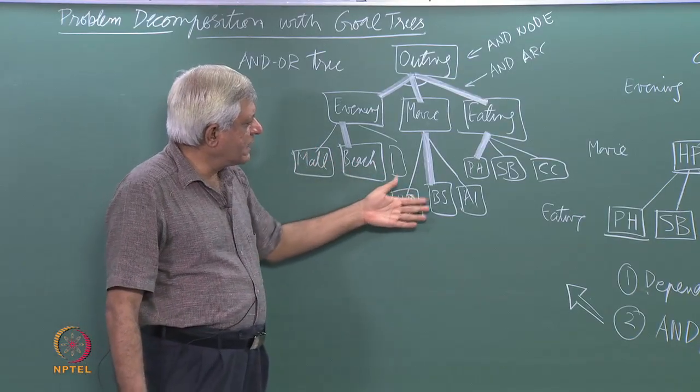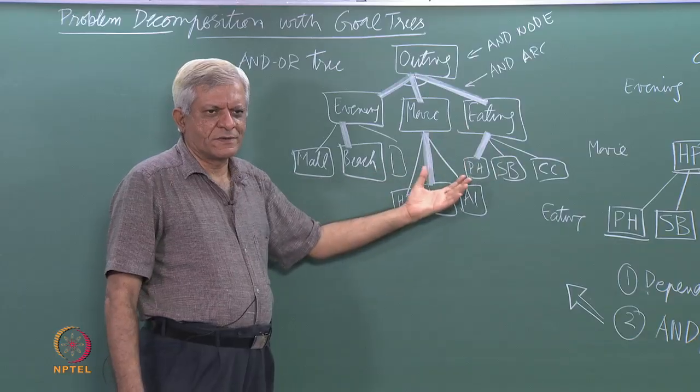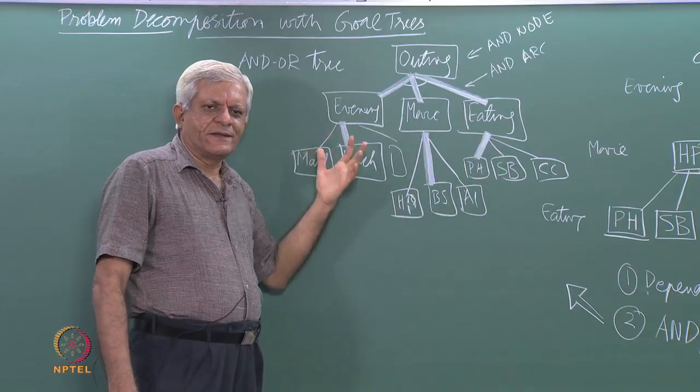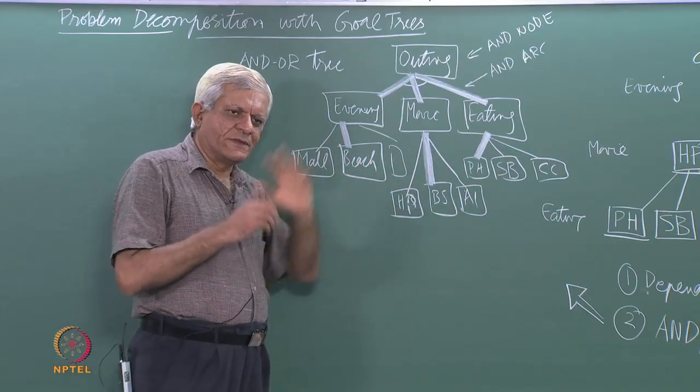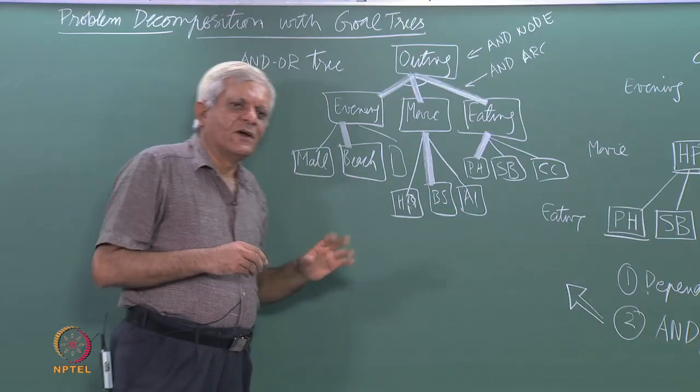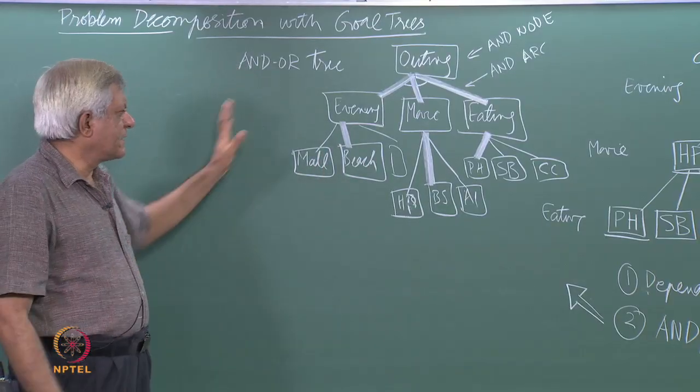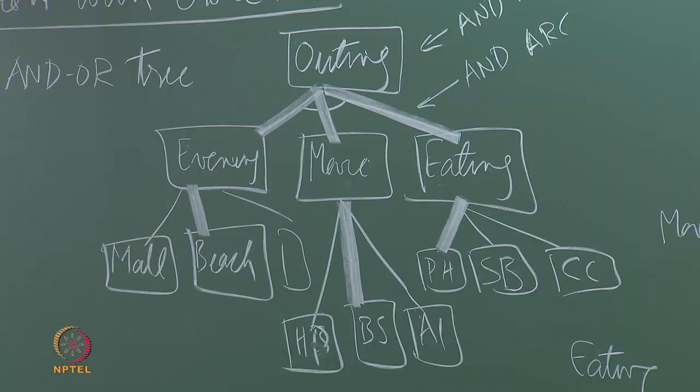Obviously, movies also will have charges associated, and eating out will have some cost associated, and you may have some criteria: you want to find a solution within this budget or of optimal budget and things like that. So, we will worry about cost as we see things later.